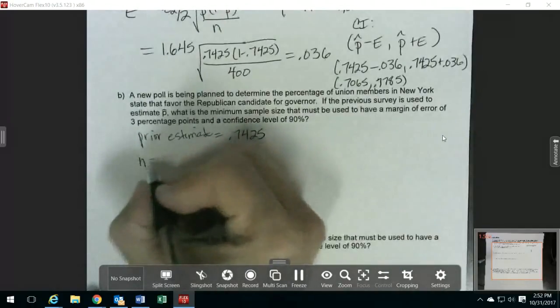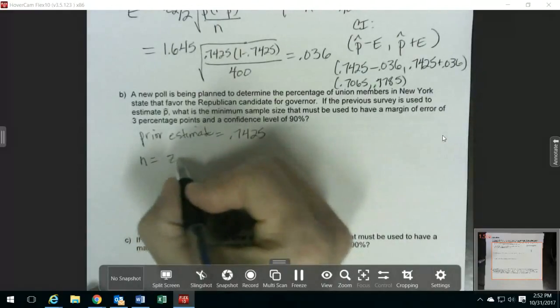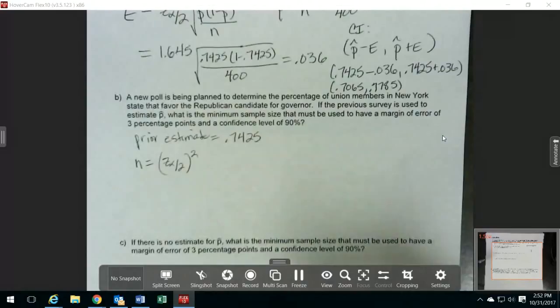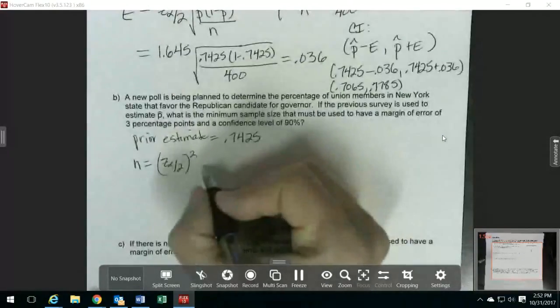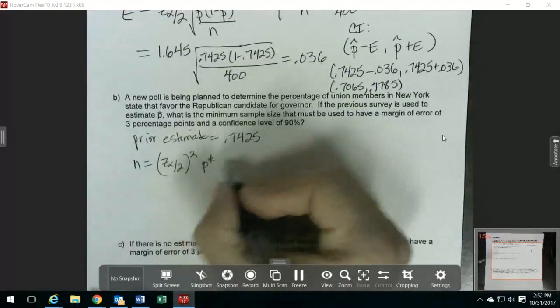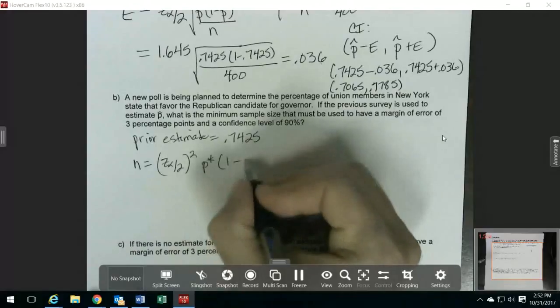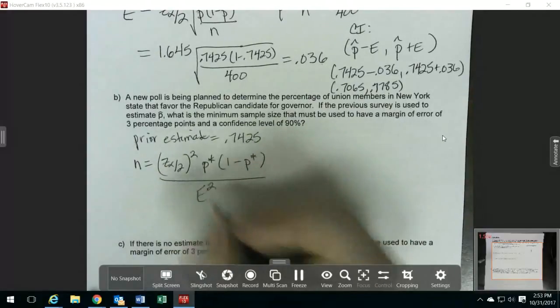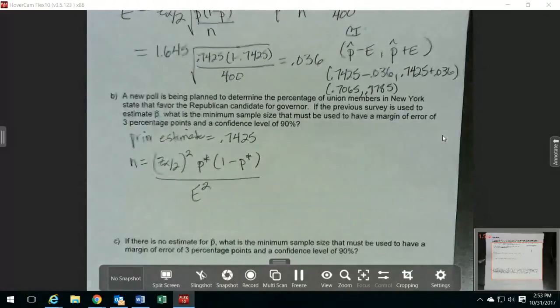Okay, so the formula, if you do have a prior estimate, is you take your critical value and square it, and then you have your prior estimate and 1 minus your prior estimate, and that's all over your margin of error squared.